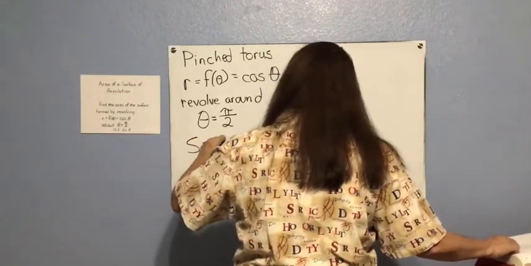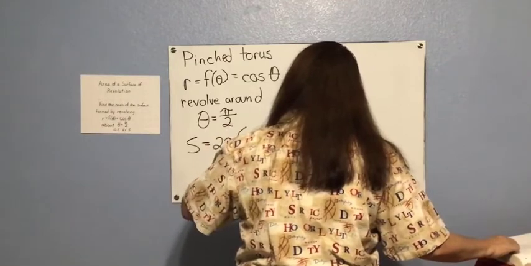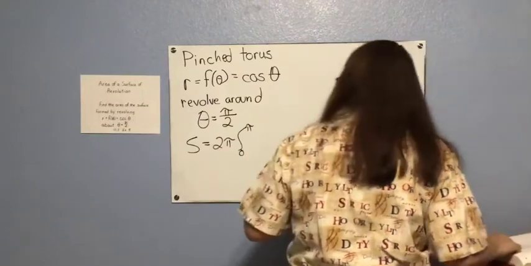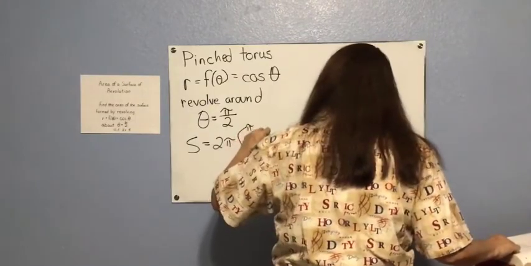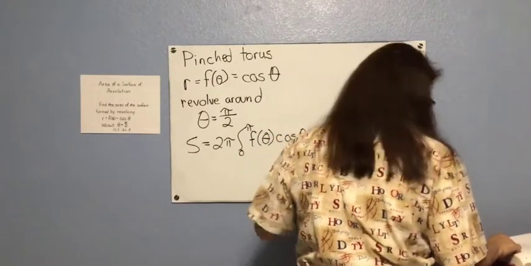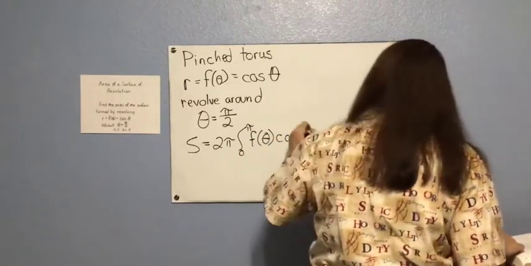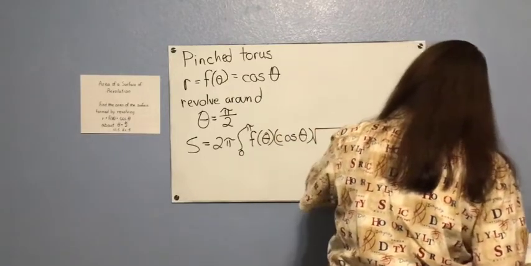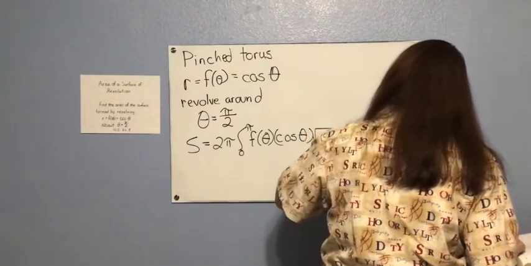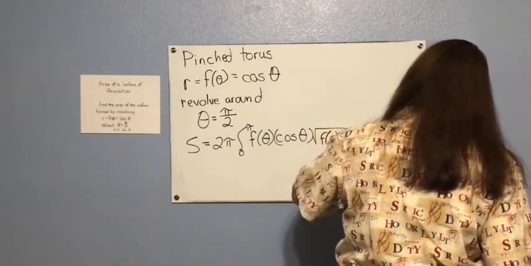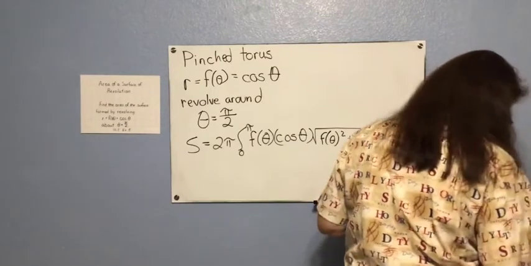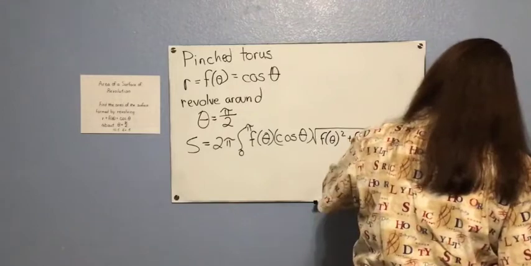S is equal to 2 pi times the integral from 0 to pi of f of theta cosine theta times the square root of f of theta squared plus f prime of theta squared d theta.